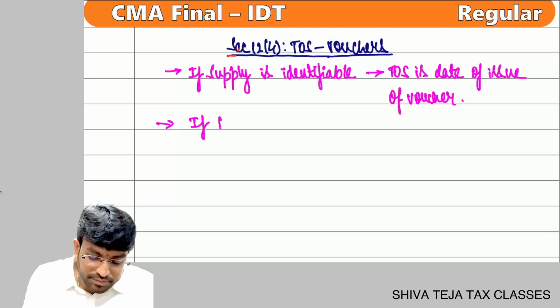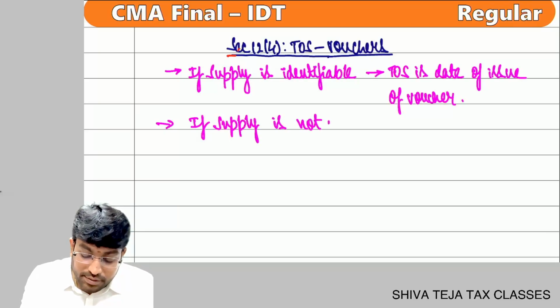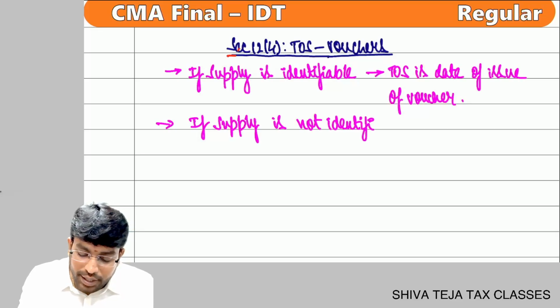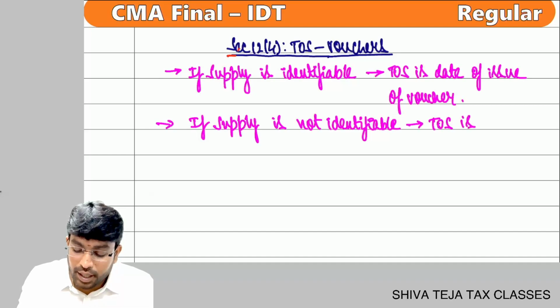Next situation, if supply is not identifiable, then time of supply is what, sir?